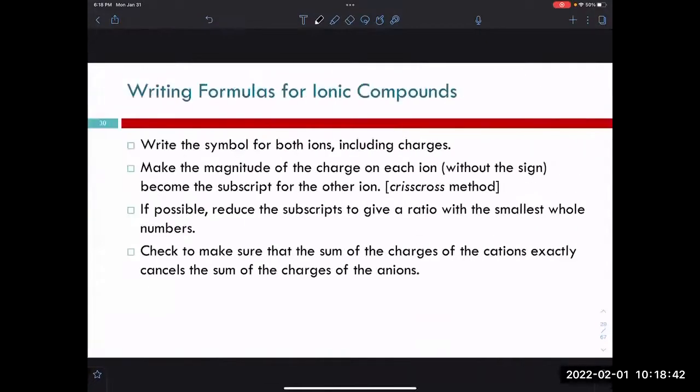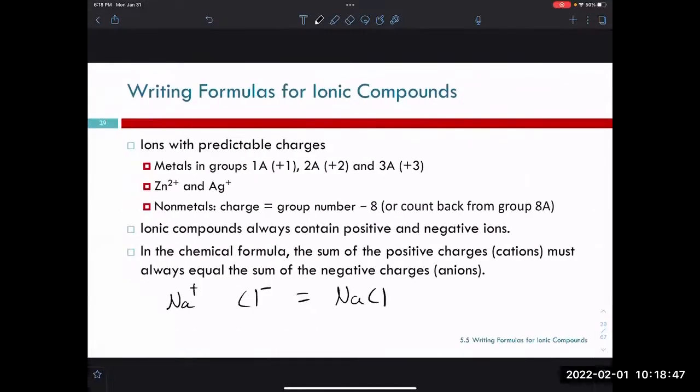If we have something like magnesium chloride, so magnesium, chlorine, chlorine again only forms 1 charge, it's 1-. Magnesium only forms 1 charge, it's in group 2A, so its charge is 2+.